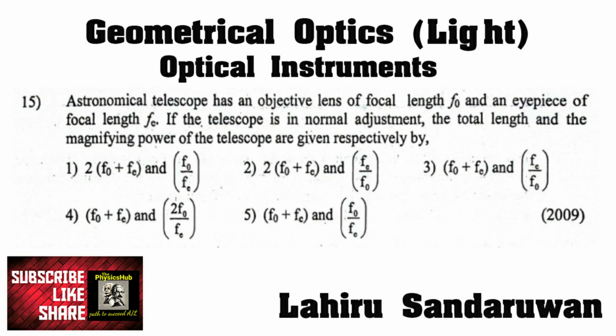Astronomical telescope has objective of focal length f naught and eyepiece of focal length fe. If the telescope is in normal adjustment, the total length and the magnifying power of the telescope are given by.